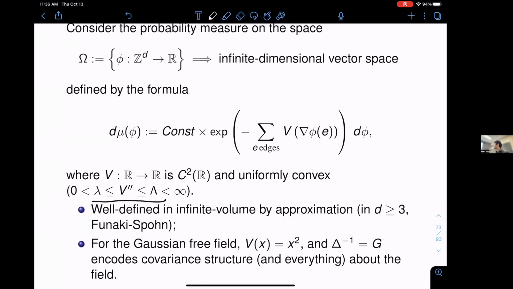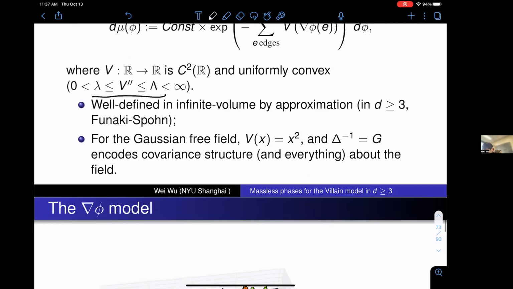Now, for the Gaussian free field, we basically can compute everything. In particular, we know the covariance is just the Green's function for simple random walk or Brownian motion. But there's something quite similar for this gradient measure as well.